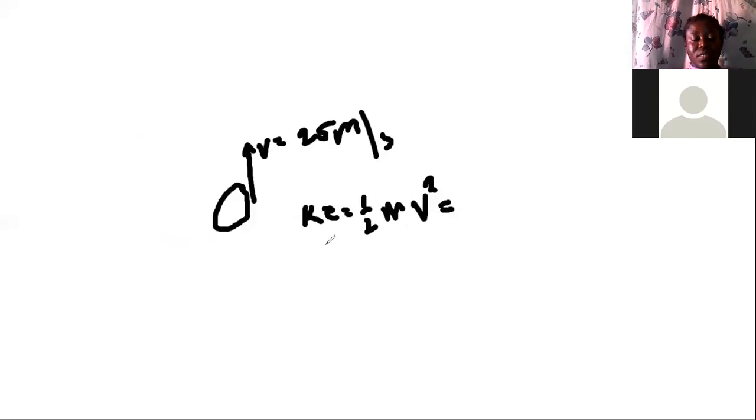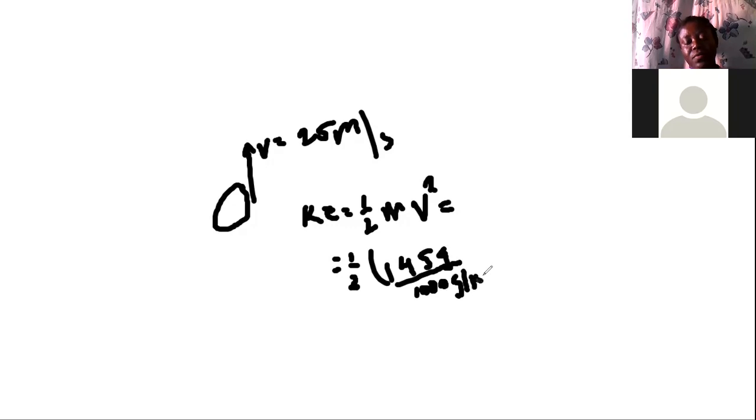So this is equal to a half of 145 gram divided by 1000 gram per kg, multiplied with the velocity given, which is 25. Let us not forget to square that value.